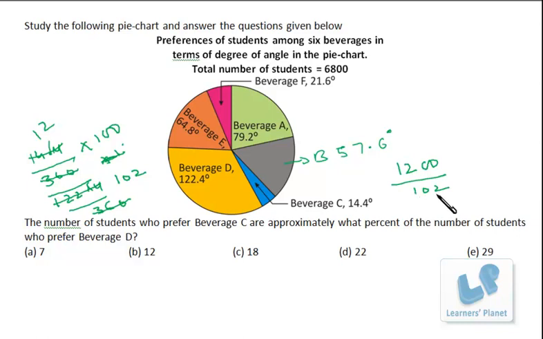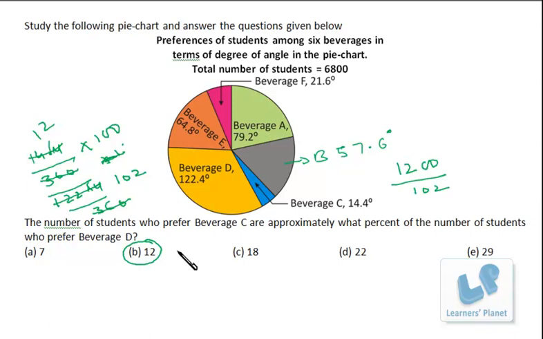So 102 into 10, that is 1020. It's a bit more than that. So we have the option that is 12 over here, right? 18 is quite far. 18, that means 102 into 10 plus 102 into 8, that means around 1800. That means the numerator should be more than 1800 to get 18%. So no need to calculate further, it will be 12% only.